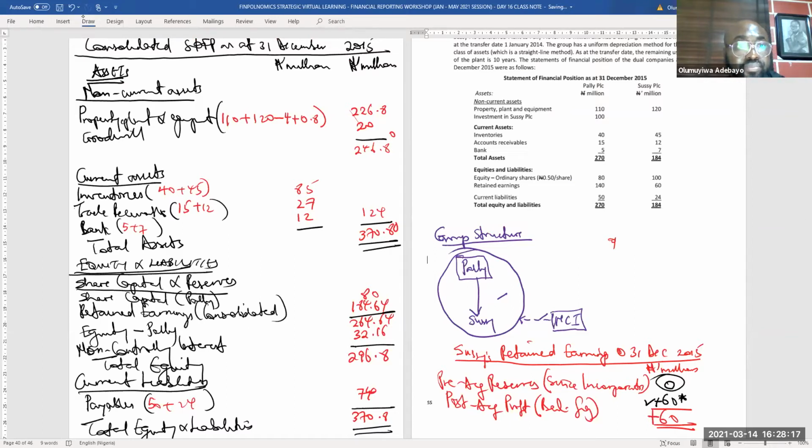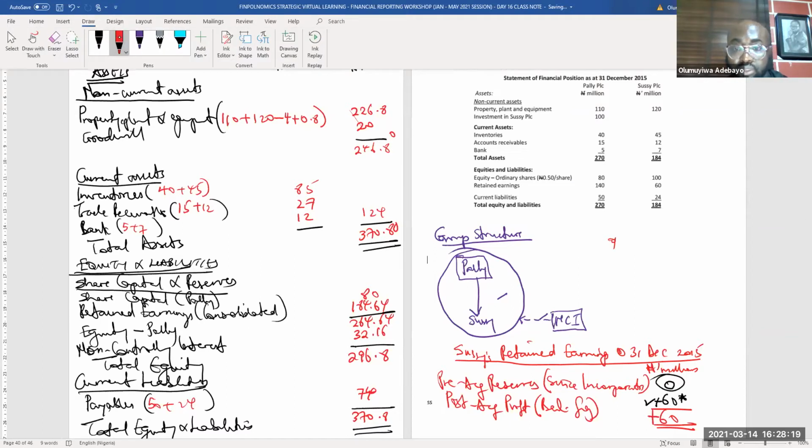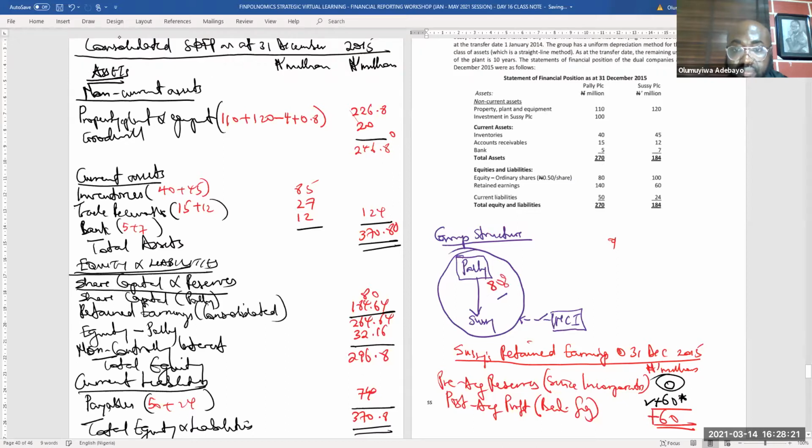Okay. Remember 80% and 20%. Percentage holdings is 160 over the 200 million shares, which gives 80%. Our date of acquisition is since incorporation, and we are reporting 31 December 2015.